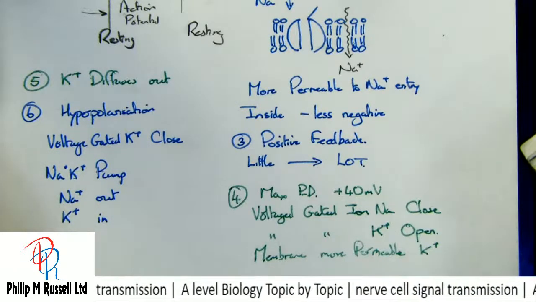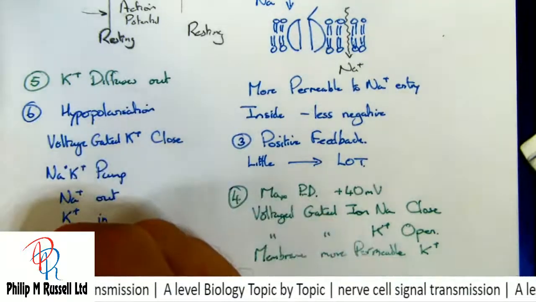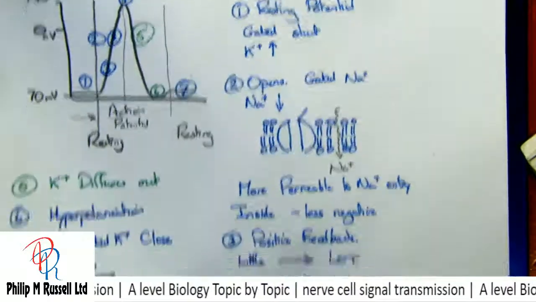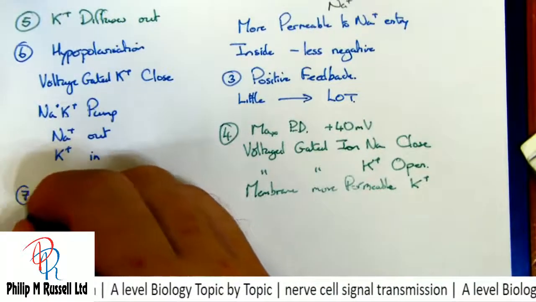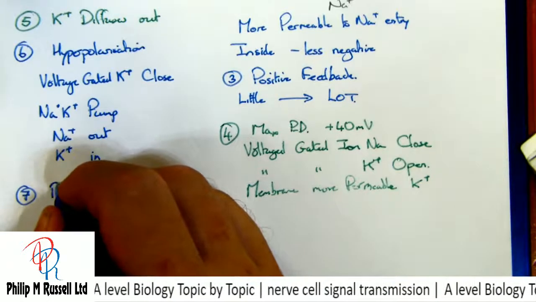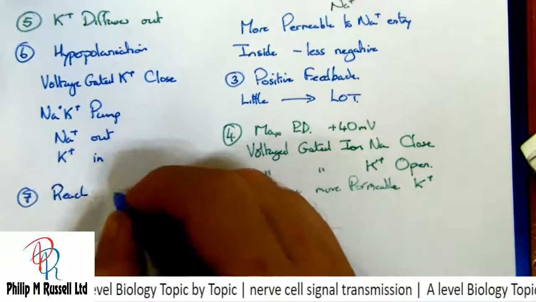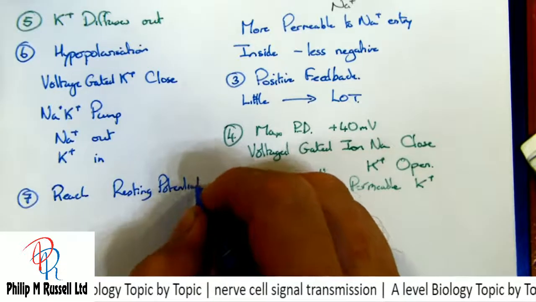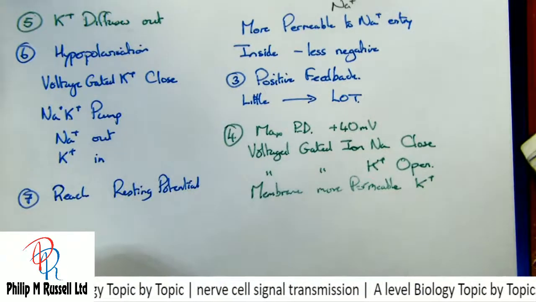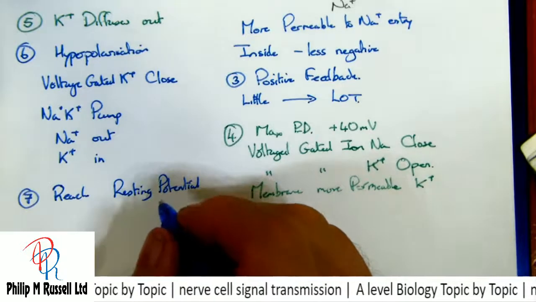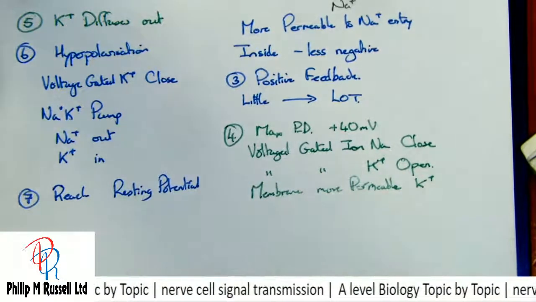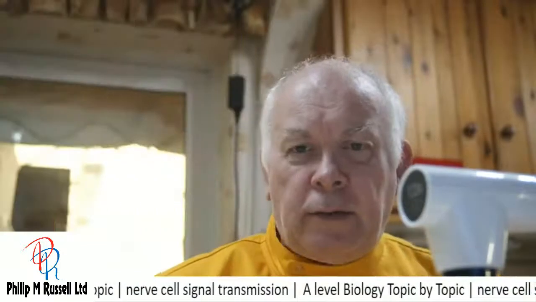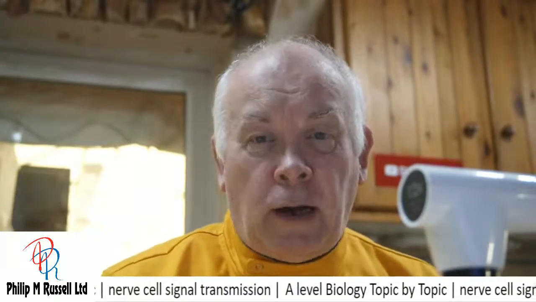And after a few moments we reach stage 7 up here, where we simply reach our resting potential. And at this point we could fire that nerve again. So that's our resting potential and our action potential.